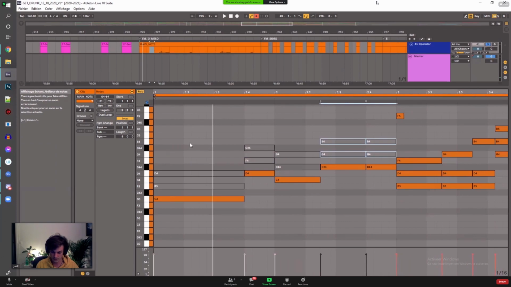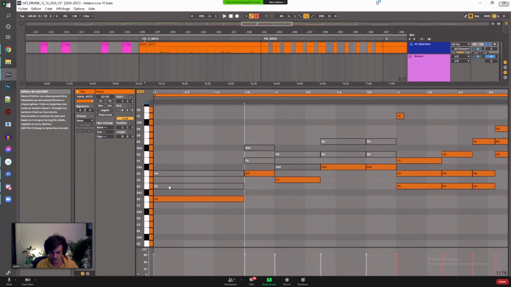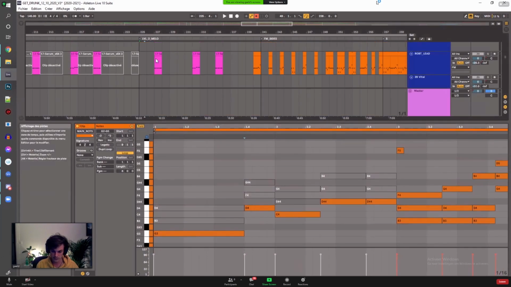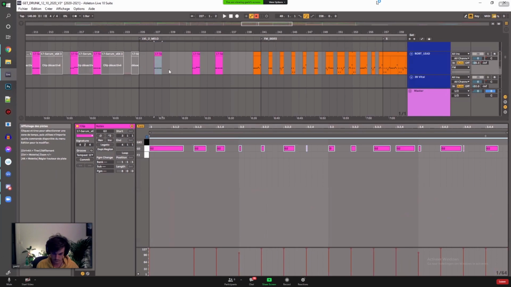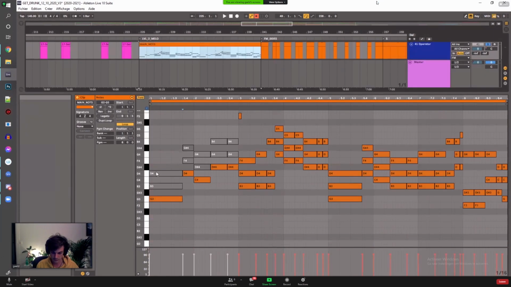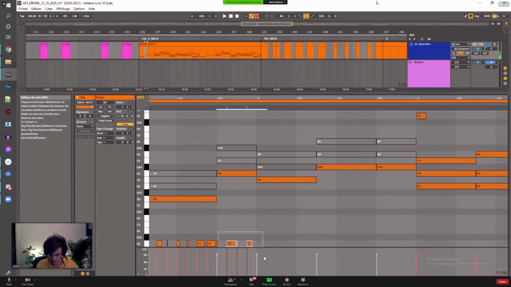And then I come back to what I said earlier about doing rhythms and stuff. I can even take the rhythm I have here and just copy paste it on the root notes of the chord. Okay, so it would be D from here.